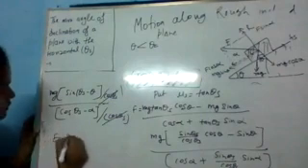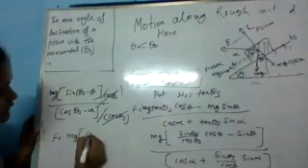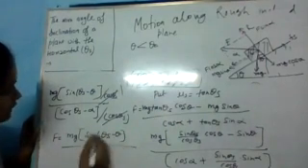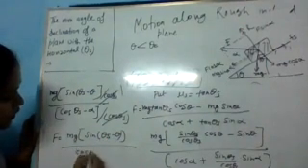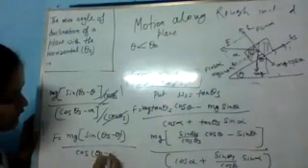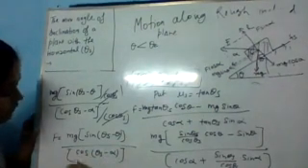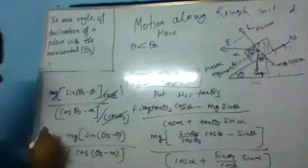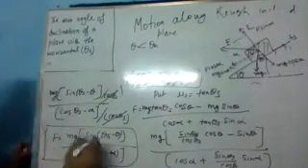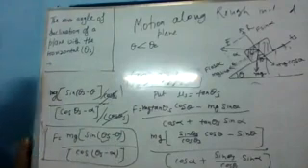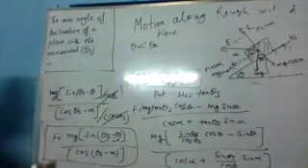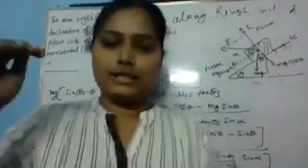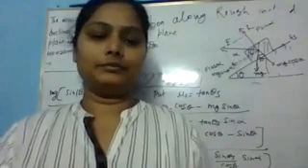So f equals mg sin theta s minus theta upon cos theta s minus alpha. Okay, so this is your final expression of force. Now if you know the angle of repose, you can simply find the force which we need to slide that block.